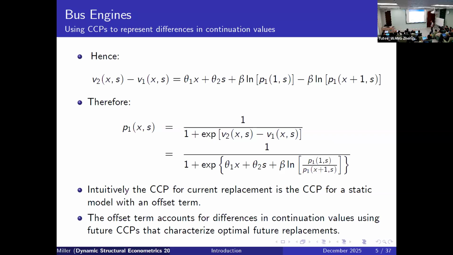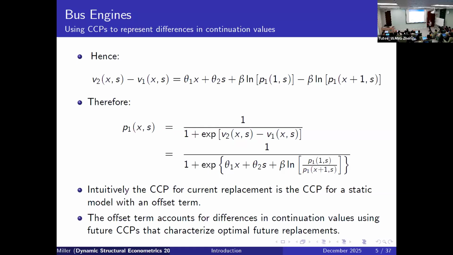And so let's see what we've got here. Probability of replacing the engine. Well, this is just a logit. Here is our current utility stuff. And all we have is some stuff that depends on the future. Because it depends on the future, it's going to be discounted by the beta.